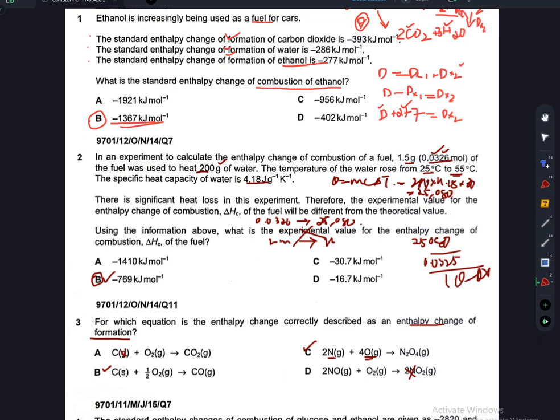Otherwise you will definitely get much more issues than in other P1s like moles, stoichiometry, redox. You will get much more and much higher magnitude issues in this P1. Anyways, okay, now we move on to part 4.